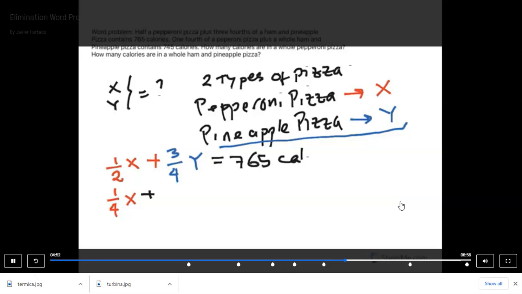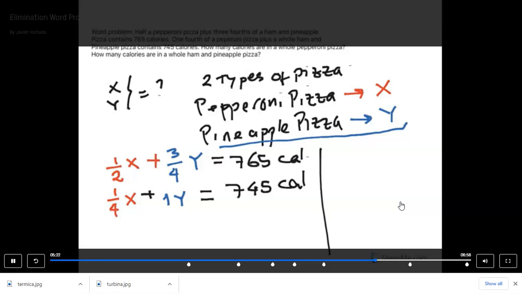So when something is whole, I understand that it is the whole pizza. So one pizza of ham and pineapple, right? They contain together, let me use black here, they contain together 745 calories. So now these are your two equations.